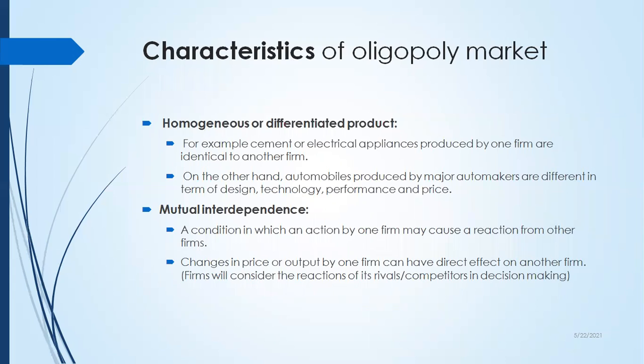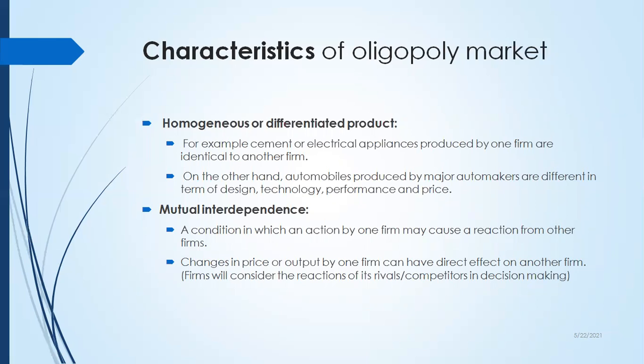When it comes to homogeneous or differentiated products, for example, cement or electrical appliances produced by one firm are identical to another firm's. On the other hand, automobiles produced by major makers differ in design, technology, performance, and price.